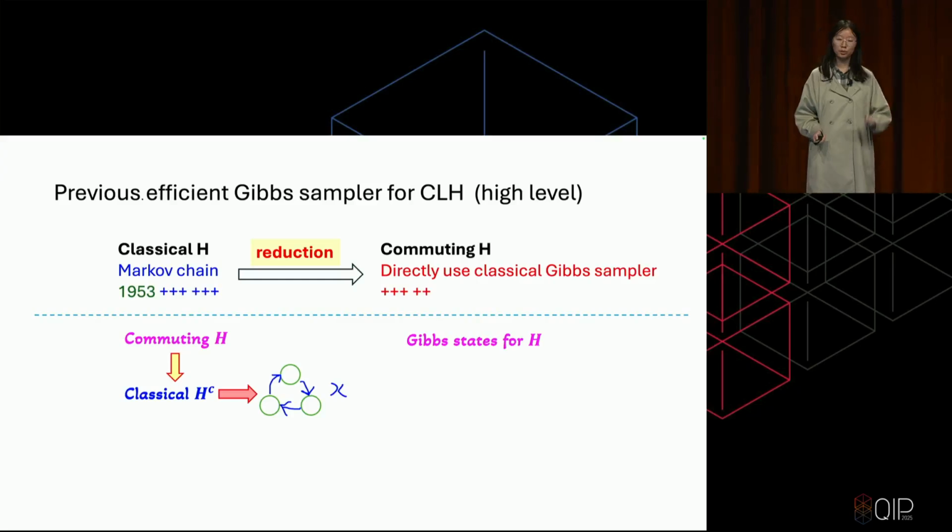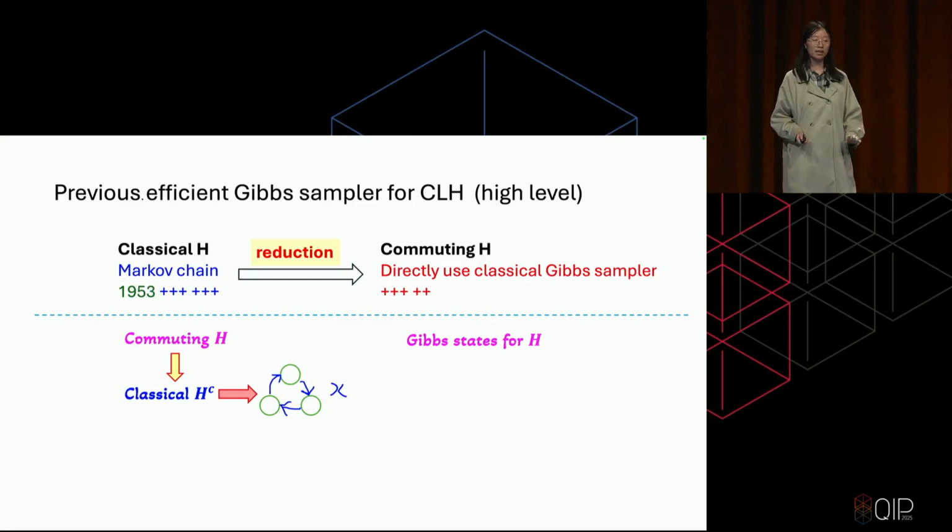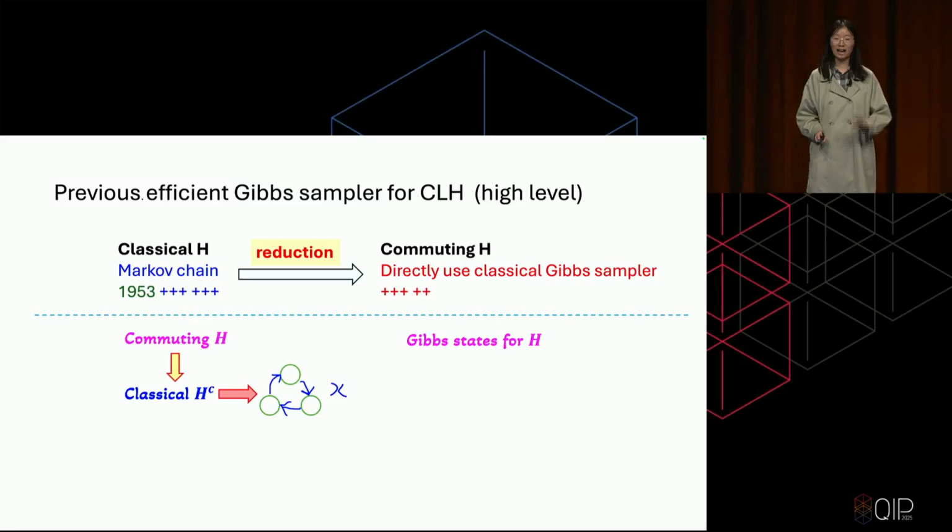This is what we mean by directly using a classical Gibbs sampler. By running this classical Markov chain, we get a classical string, and we use this string as a reference to do some quantum operation.